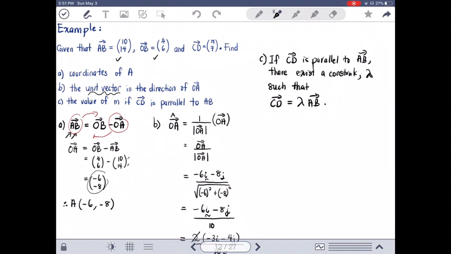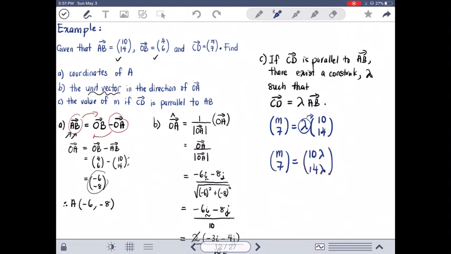So what we need to do here, just copy down. So we have m, 7 equals lambda times AB, which is 10, 14. If I multiply inside, because lambda is just a constant, m, 7 is equal to 10 lambda, 14 lambda.